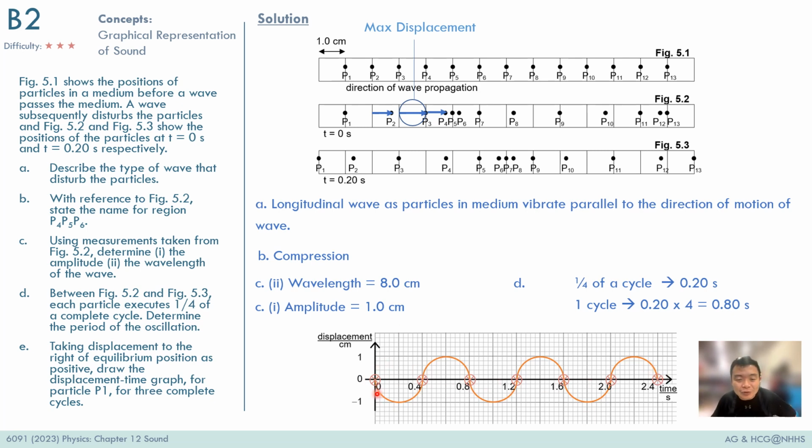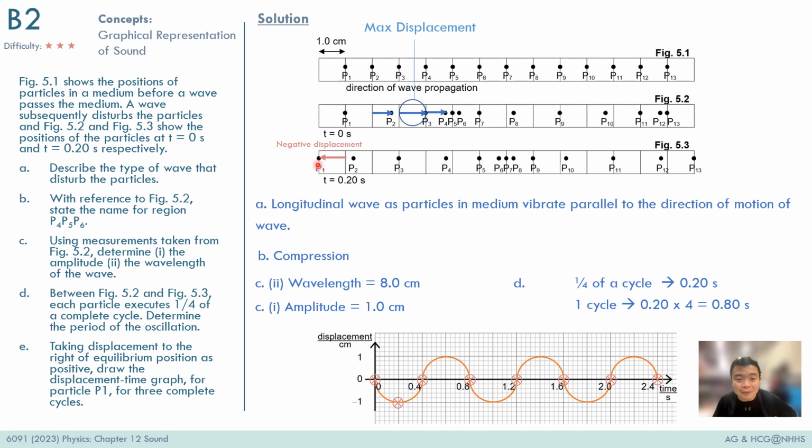Then next up, how do I know that the graph goes downwards at first? I look at this. I noted that in figure 5.3, particle P1 previously at time 0 was here, but at 0.2 seconds, particle P1 is found on the left. So particle P1 has displaced towards the left, and displacement towards the left is negative as instructed.